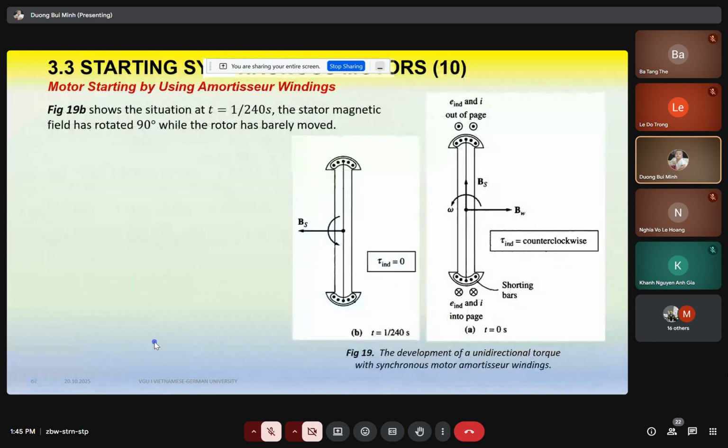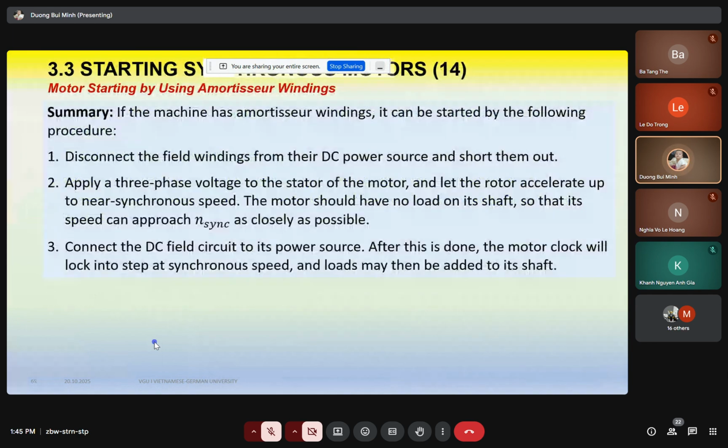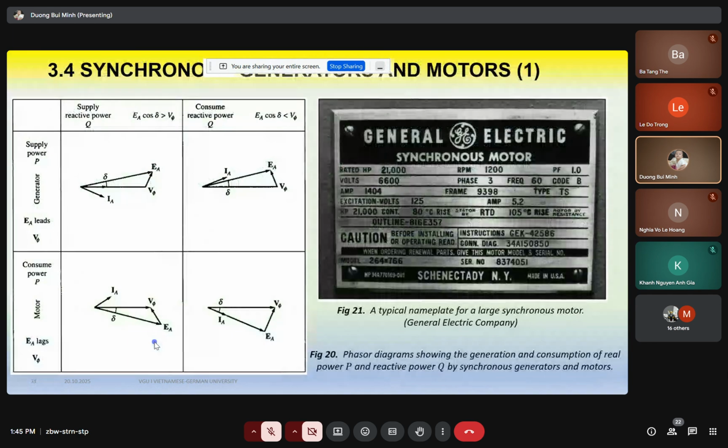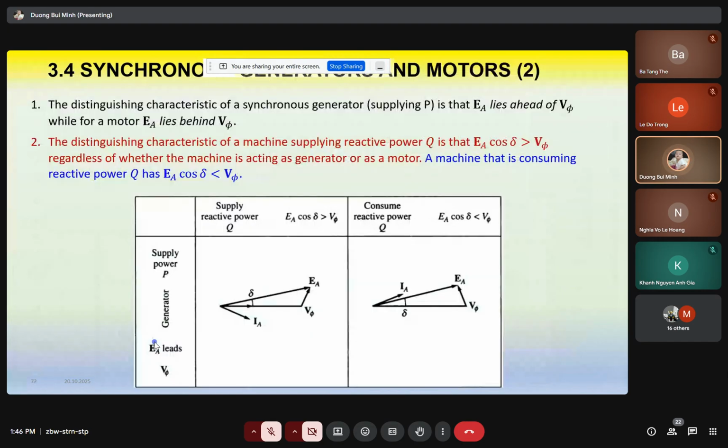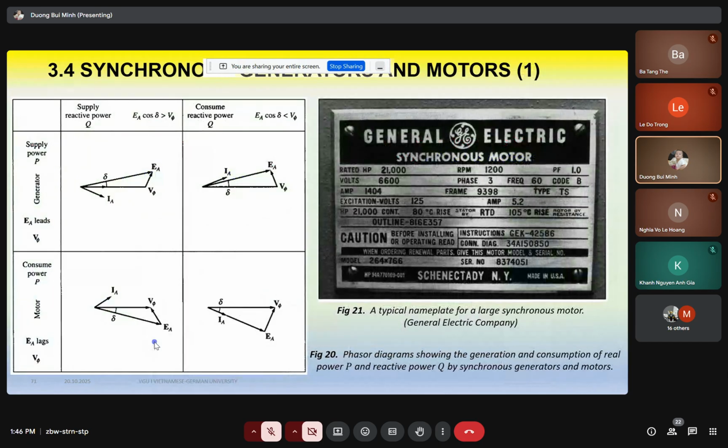Okay, so now we finish lecture 3. I think we discussed a little bit of this comparison. Yeah. So we compare generators and motors.